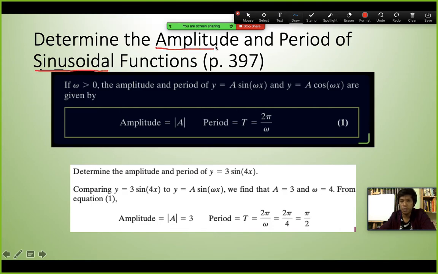Function, amplitude, period. Okay, so if you have a graph of something like this, amplitude is the distance from this original line, or from this x-axis. What is the height of this wave, that is the amplitude. Suppose in our regular sine x function, amplitude is 1.